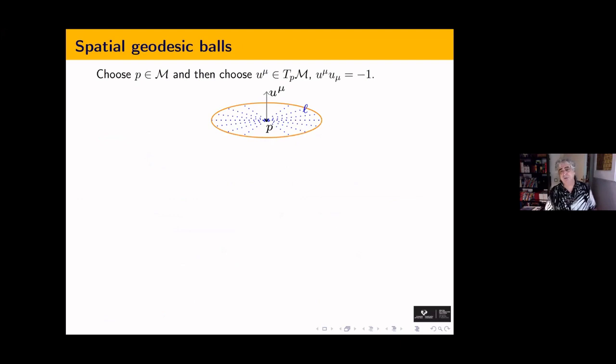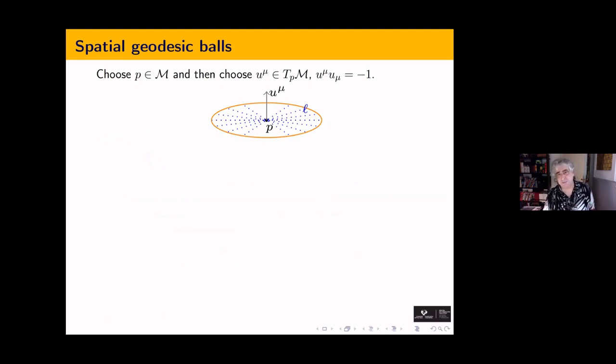Now, I am going to quantify this by doing some very basic calculations. You choose any point P in your manifold, and then you choose a unique time-like vector, U, at that point. And now what I'm going to do is construct a ball, like a spherical ball.